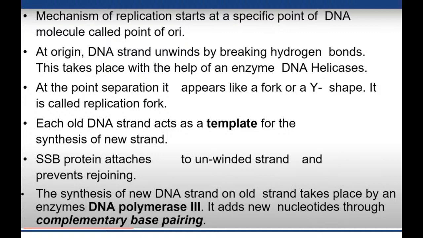The mechanism of replication starts at a specific point of the DNA molecule called the point of origin, or ori. At the origin, the DNA strand unwinds by breaking hydrogen bonds, and this takes place with the help of the enzyme DNA helicase. At the point of separation, it makes a Y shape, which is called the replication fork.